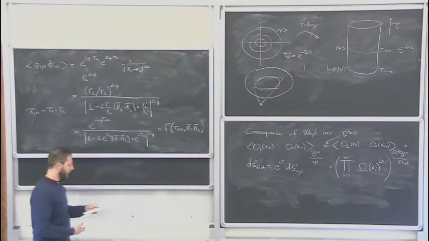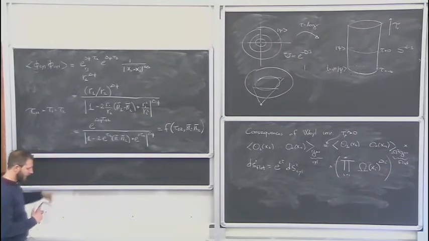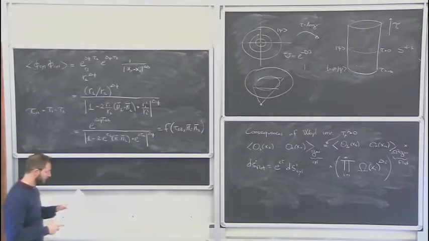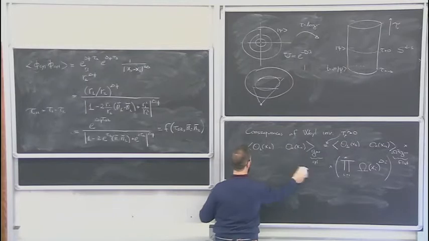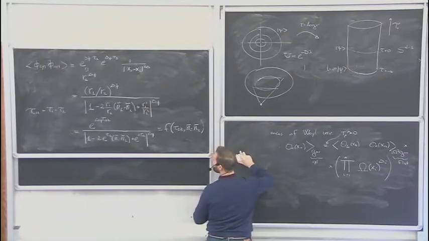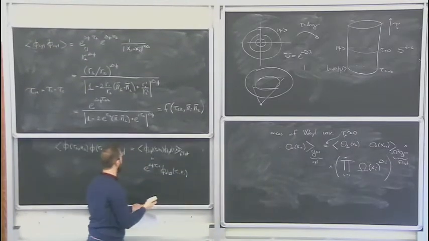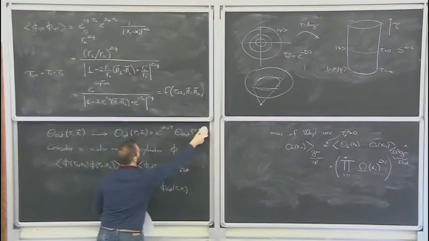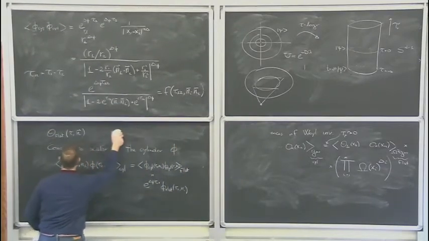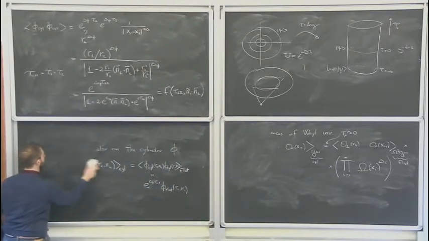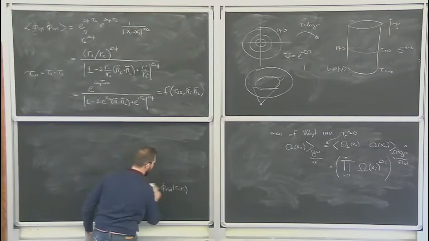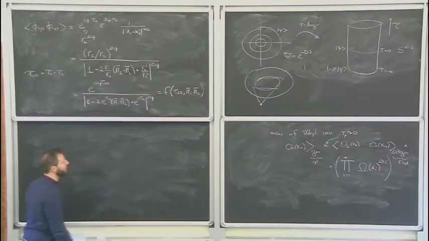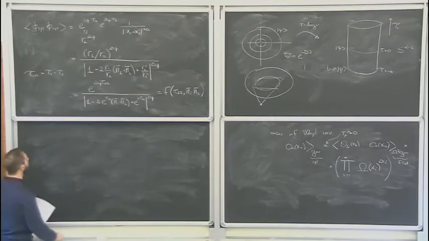You can write this object as, perhaps I can just write here. You can do a sort of Lehmann decomposition of the two-point function.